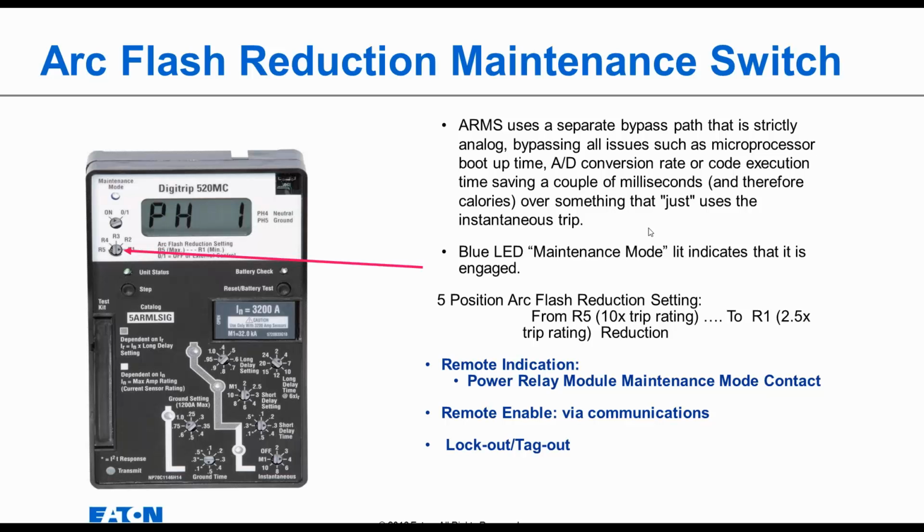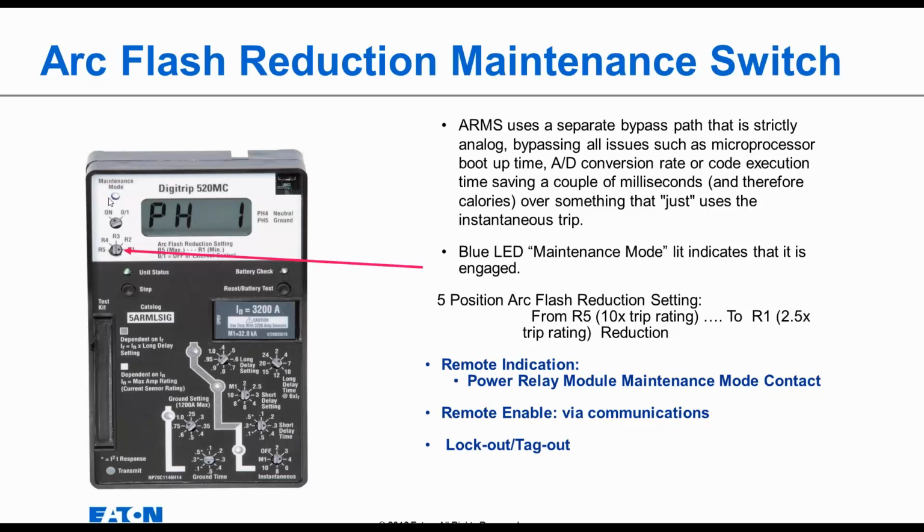It uses a separate bypass path that is strictly analog. So there's a separate analog microprocessor involved with this. It doesn't use an A/D converter. There's no code to be executed, and it can trip much faster than the normal trip unit.